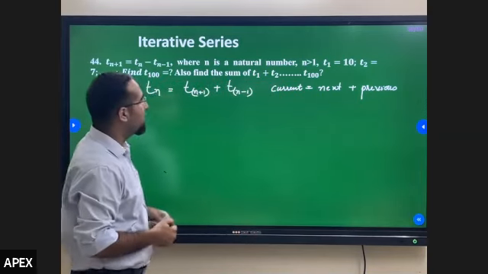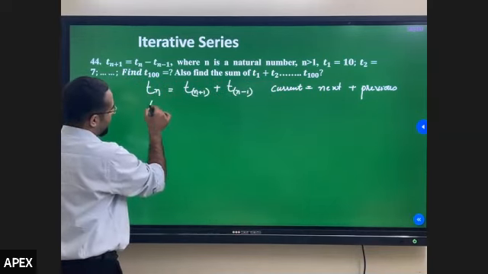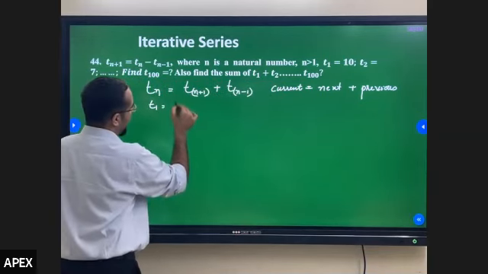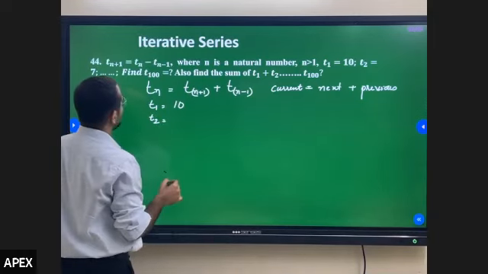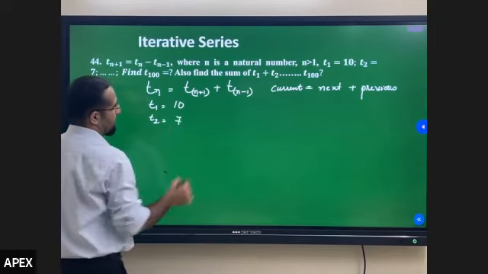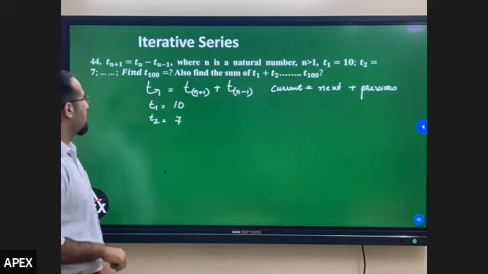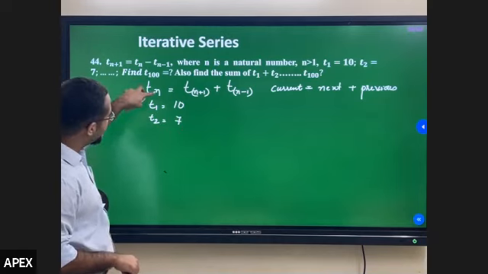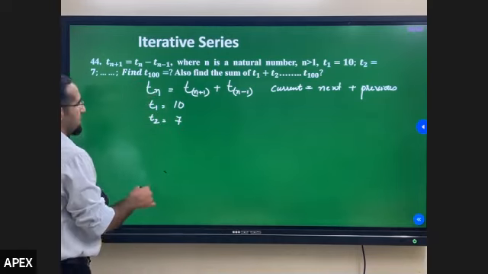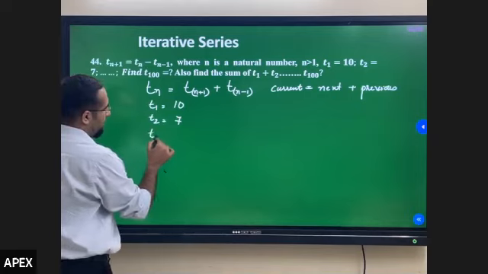So what am I given here? I'm given T1 is equal to 10, and T2 is equal to 7. Clear? So if I go with this, what is happening here? T3, can I get the value of T3 from you?